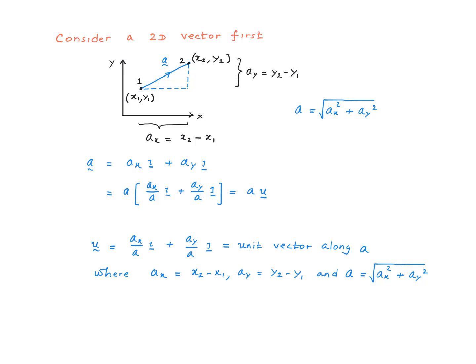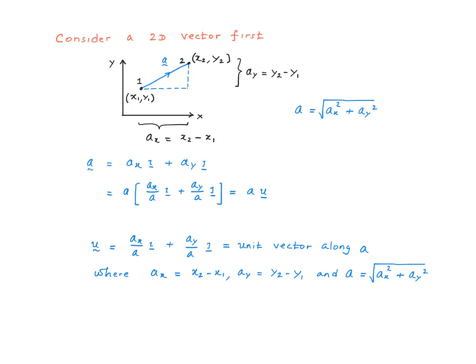By the Pythagorean theorem, we see that the magnitude of A is simply the square root of Ax squared plus Ay squared. The vector A in its component form is Ax times i plus Ay times j. We know that vector A can be written as its magnitude multiplied by the unit vector along that vector.